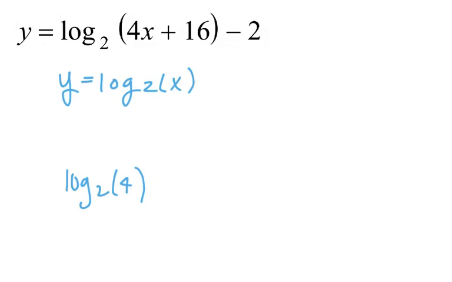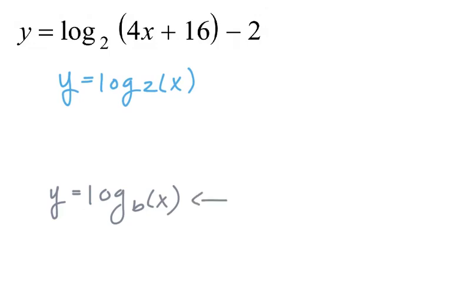But what we are familiar with is exponential. So we need to use the property of logs that says y equals log base b of x is the same as b to the y equals x, to rewrite this as an exponential function. Because once it's an exponential function, we can actually input values and evaluate it.